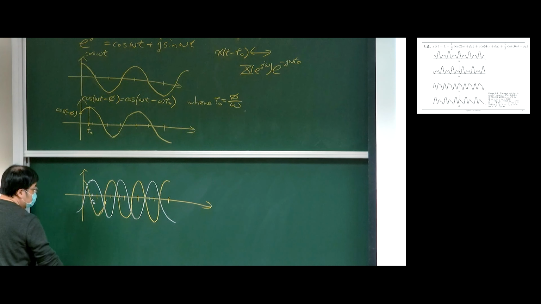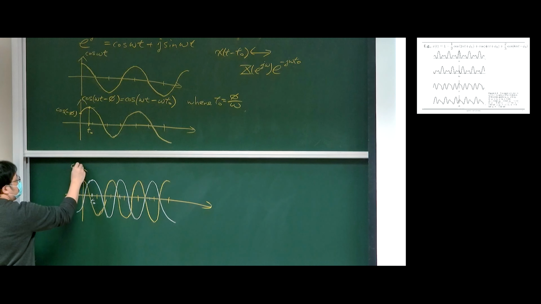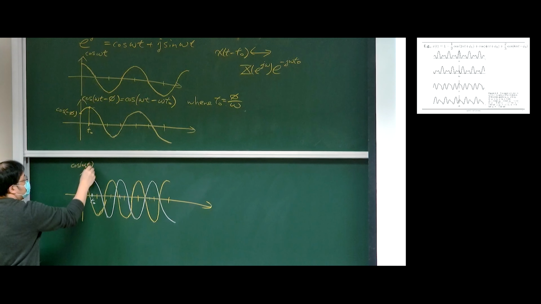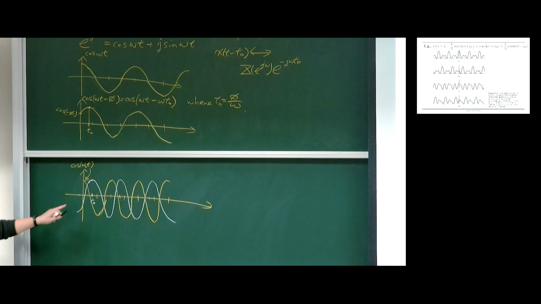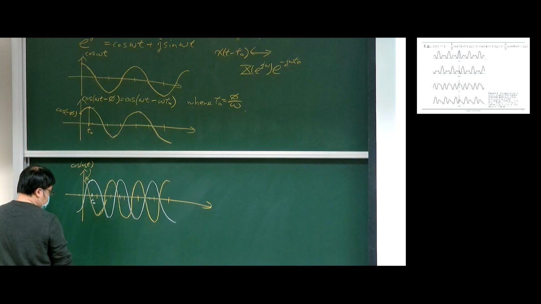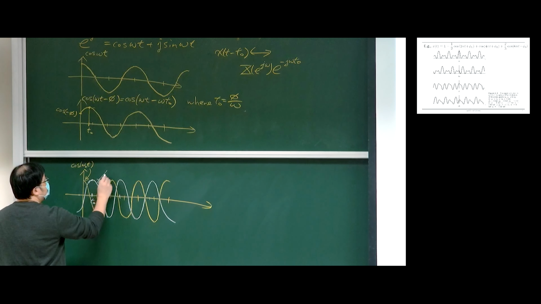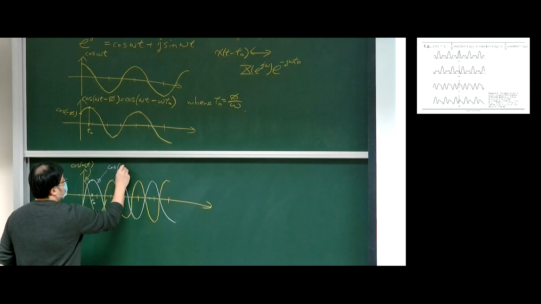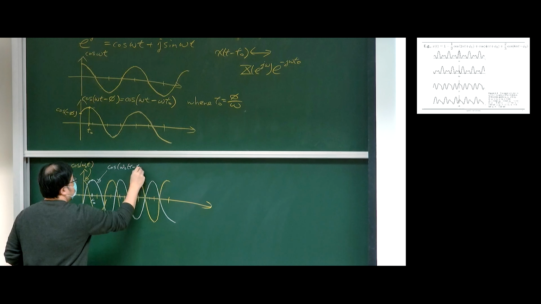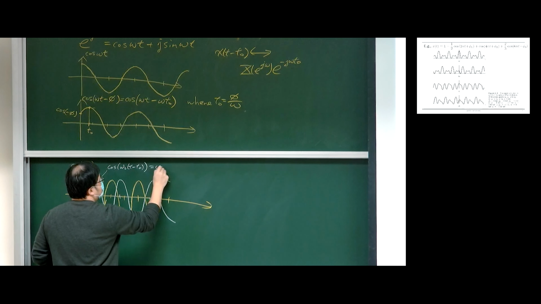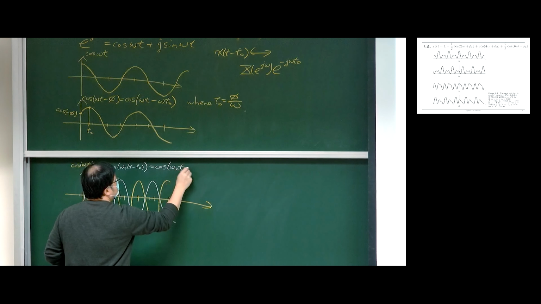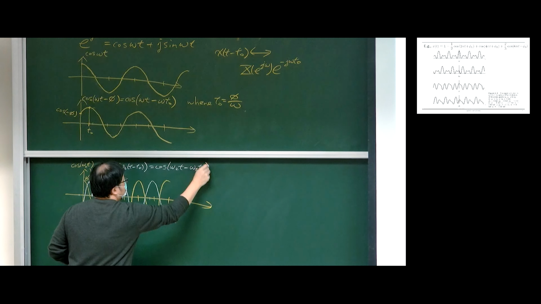Now the yellow curve is cosine, suppose cosine omega 2 t. When you delay by t naught, the signal you get is cosine omega 2 times t minus t naught, which is cosine omega 2 t minus omega 2 t naught.